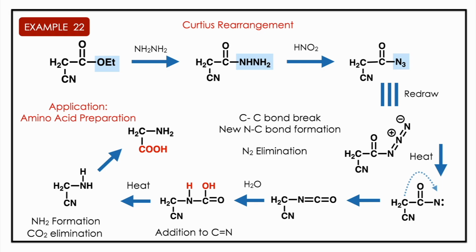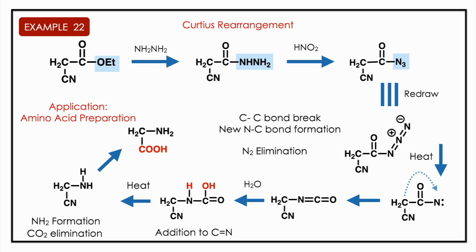Then the possibility of Curtius rearrangement. If you redraw nicely, you have acyl azide. Azide has N2 as the leaving group. So the methylene cyanide migrates. Nitrogen leaves. You have nitrene formation. The Curtius rearrangement happened through methylene group migration. So the methylene group migrates, and you have isocyanate.